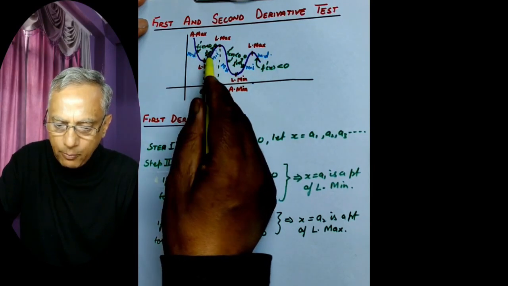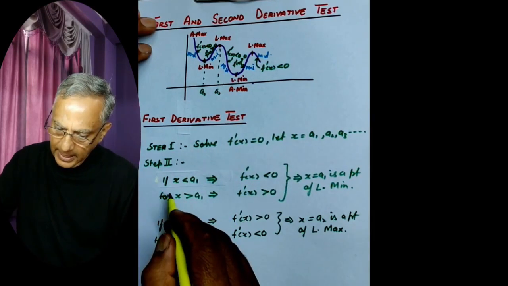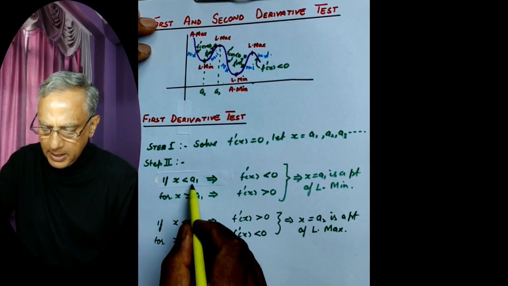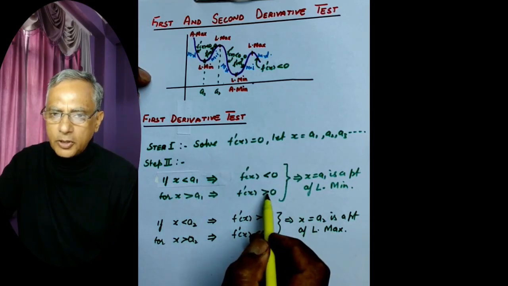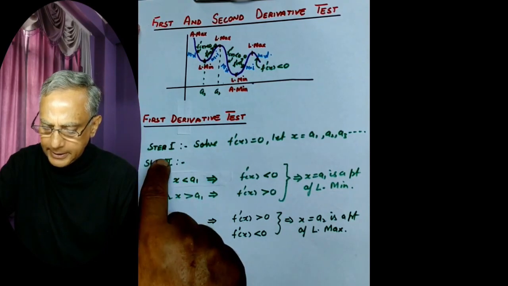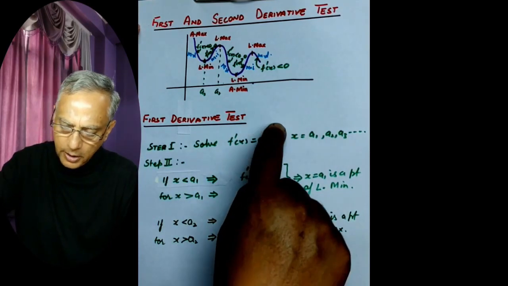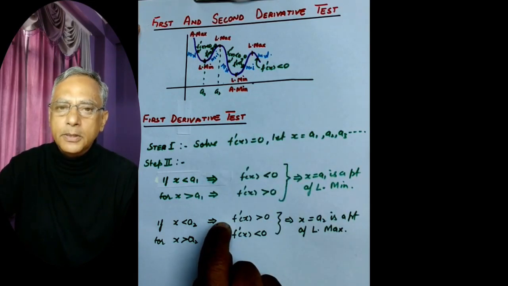Then it will be a point of local minimum. That is, the function changes from monotonically decreasing, that is falling, to rising. This will be the shape, falling to rising, and therefore this must be the minimum value.